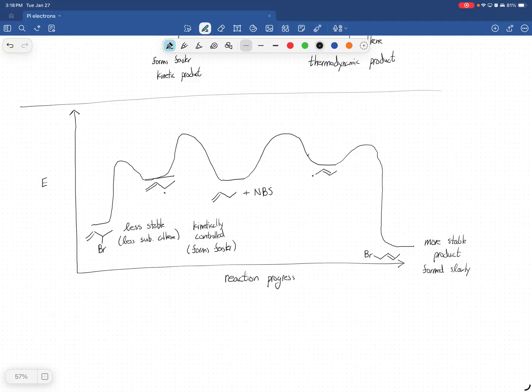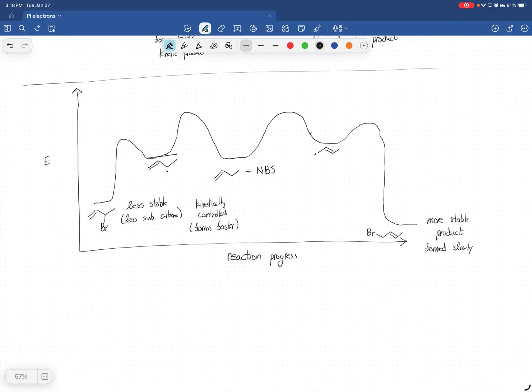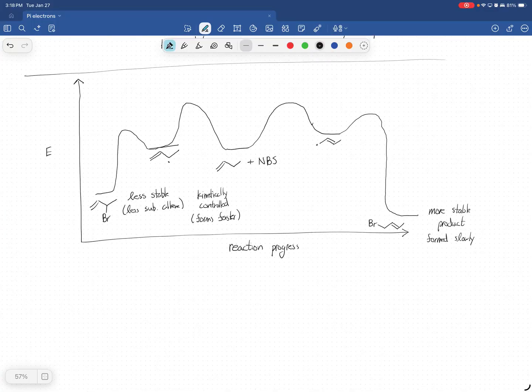Okay. So radical reactions, that's one type of reaction that these delocalized pi systems can undergo, okay? So let me just put that there. Now let's talk about some different reactions. Hydrolysis.